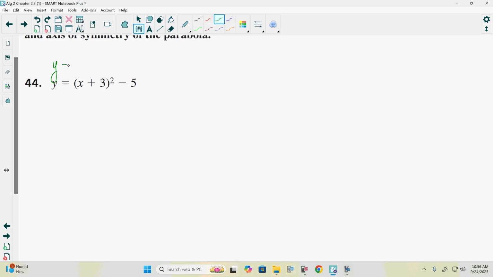But the easiest way to keep all this straight, in my opinion, especially with these equations here, is just to line them back up. What is going where? What is matching up with what? Because here we have y equals x plus 3 squared minus 5. And that's lining up with our y equals a times x minus h squared plus k.